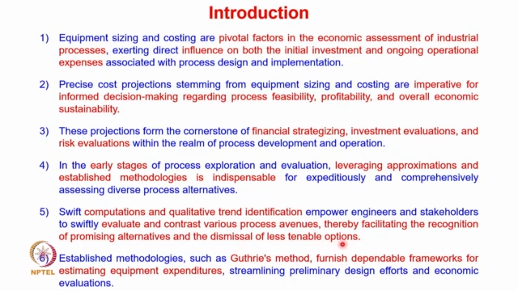So clearly, faster calculations based on simple calculations are very important, because then you can find promising alternatives and eliminate the less tenable options. The last one is established methodologies such as Guthrie's cost estimation method. These give frameworks for estimating equipment expenditures, streamlining the preliminary design efforts and economic evaluations.